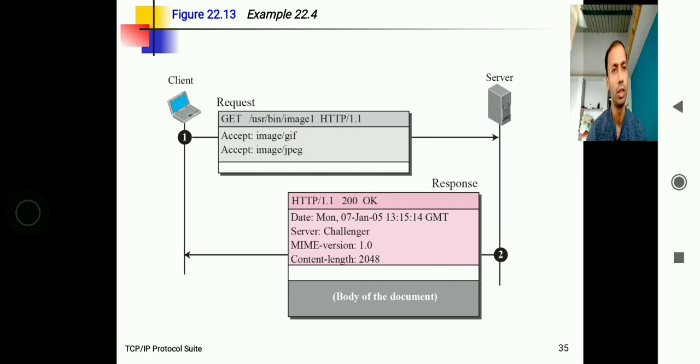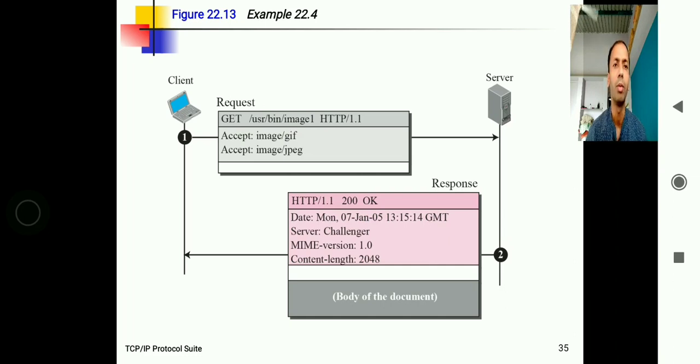The phrase associated with that status code is OK. Now the server is sending the reply to the client along with header parameters like date, server, MIME, and content. Date is the current date at the time the response is generated, and server is the name of the server, that is Challenger in this case.